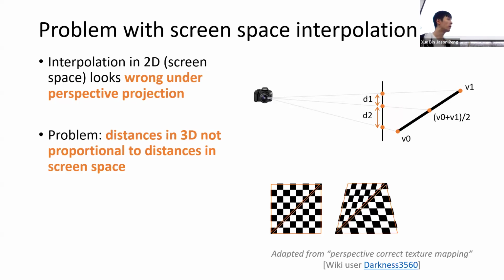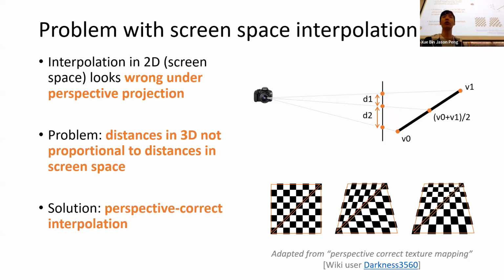If we perform barycentric interpolation in screen space after perspective projection, and we use those barycentric coordinates to interpolate the texture coordinates, then we can end up getting incorrect texture coordinates that lead to distortions in the original checkerboard pattern. So this is not the result that we would get if we perform interpolation in the original 3D coordinates.